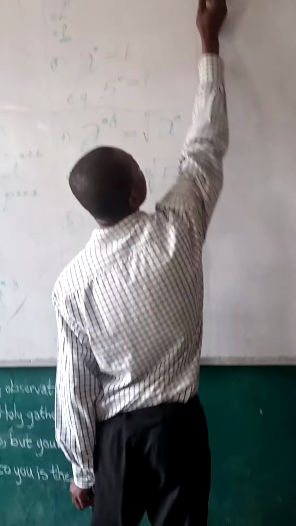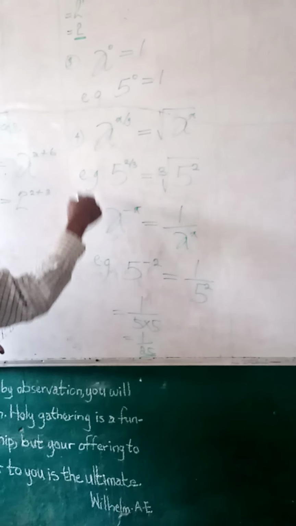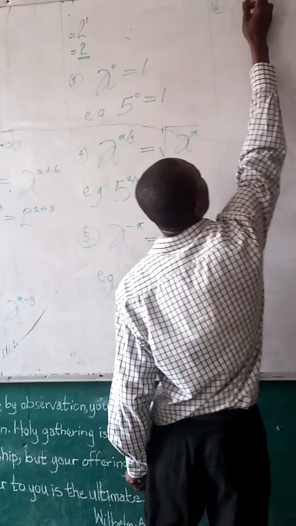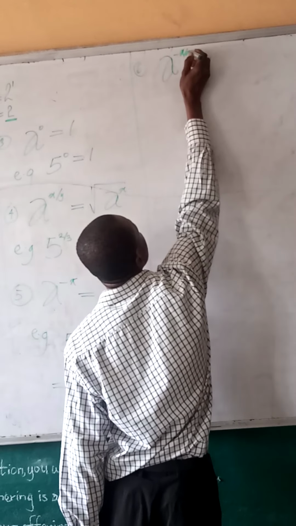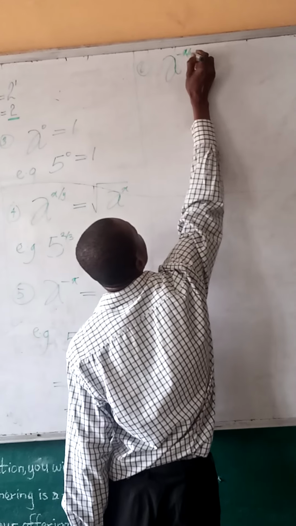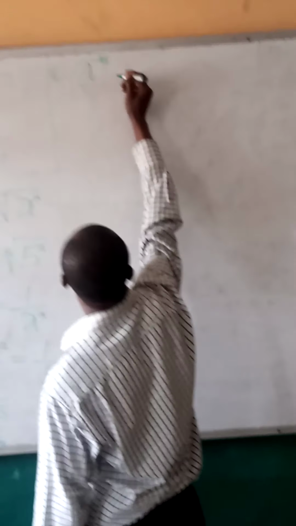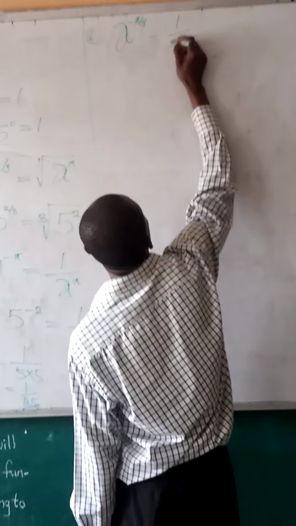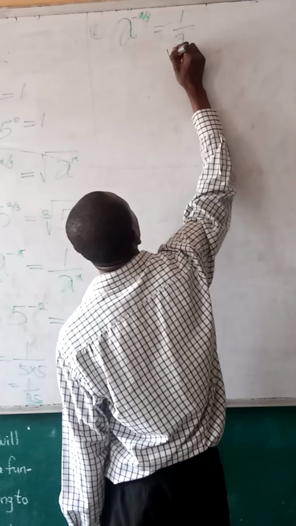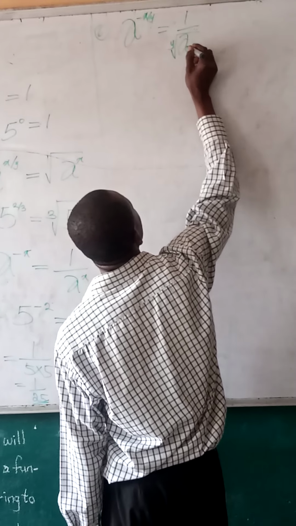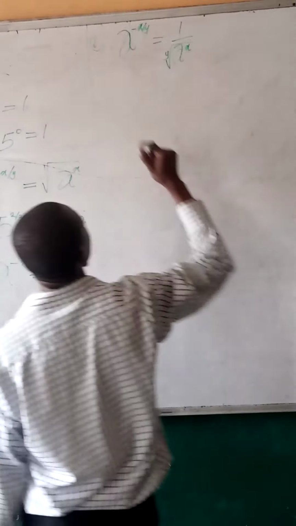The sixth law is the combination of law 4 and law 5, which means the inverse and the fraction power. If I have a raised to the power minus x over y, it is simply 1 over the y-th root of a raised to the power of x.